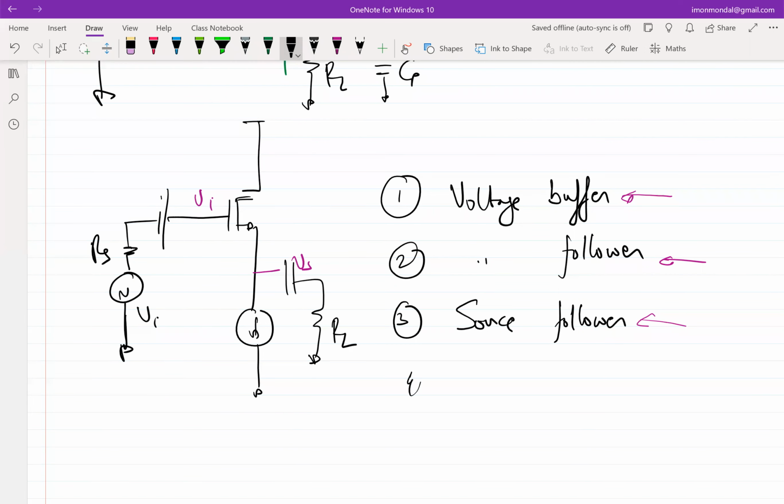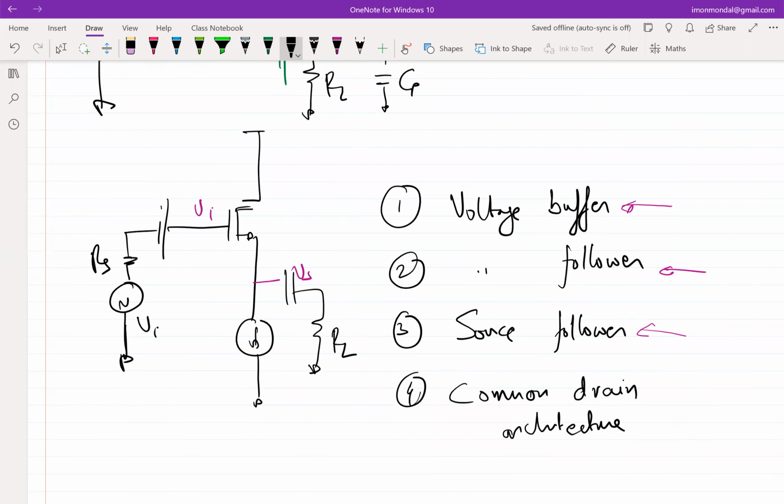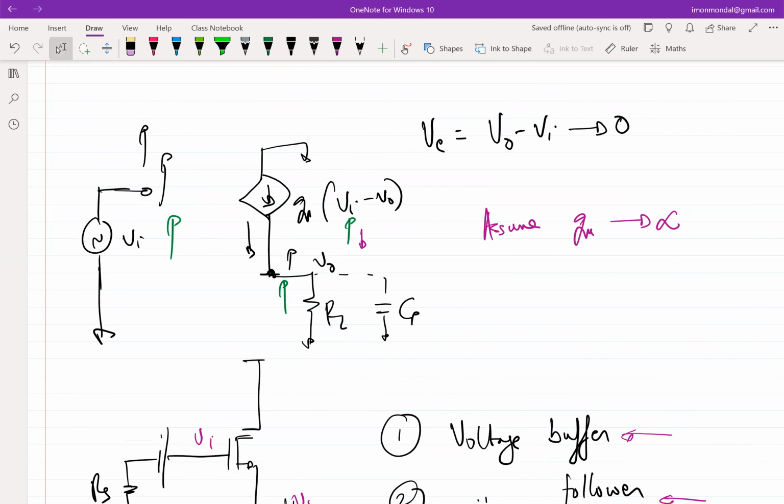There is another name to it. This is called common drain architecture. It's called common drain because, from the incremental sense, the drain is shorted, right? So you can assume the drain to be grounded, and you are applying the input between gate and ground, and you are observing between source and ground, right?